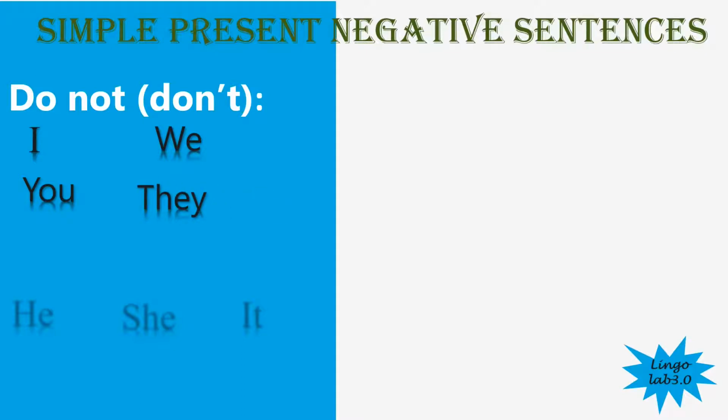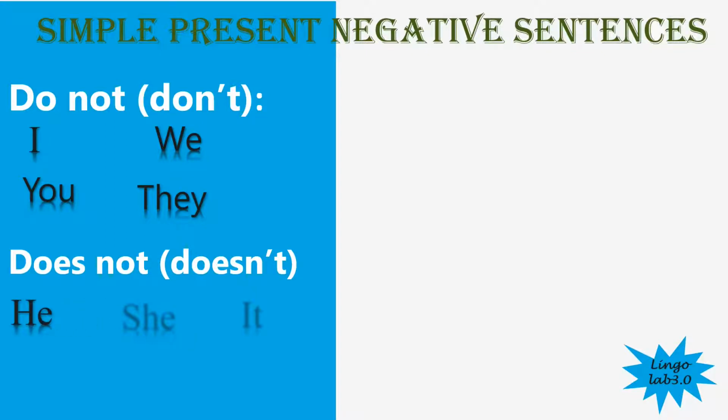So with I, you, we, they, we use do not or don't. For does not is quite simple. We use it with he, she, it, or a singular noun.